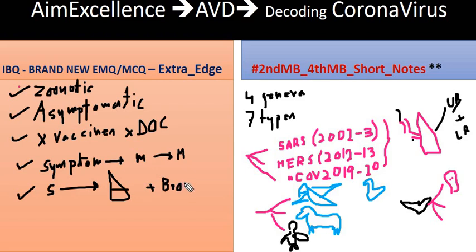We already have mentioned SARS. Actually, in SARS, we have seen cases affecting upper and lower respiratory system both. Alongside that, GI symptoms can be seen. So this is roughly the thing.